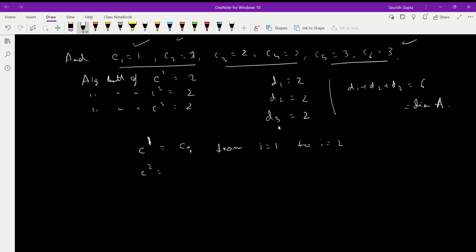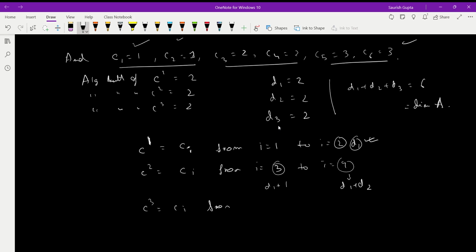Then C upper index 2 is equal to, further observe that this value is nothing but d1, C upper index 2 equals Ci from i equals 3 to i equals 4, and this is d1 plus 1 to d1 plus d2.